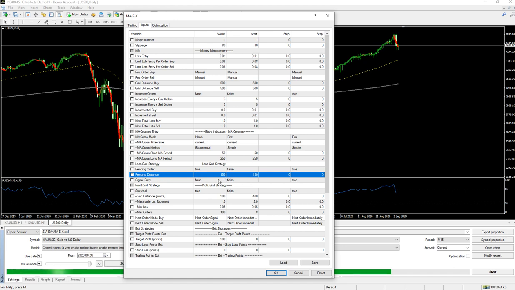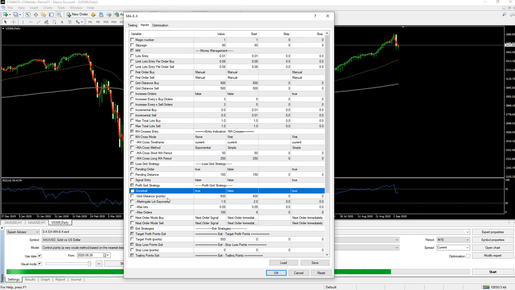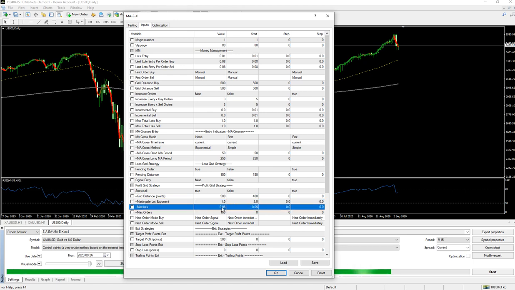And activate this pending order and the pending distance. Make sure to turn off single entry and turn on the snowball or the profit grid. Make the grid distance of the snowball equal to the grid distance here. And the martingale of the snowball equals 1, so it is not activated.